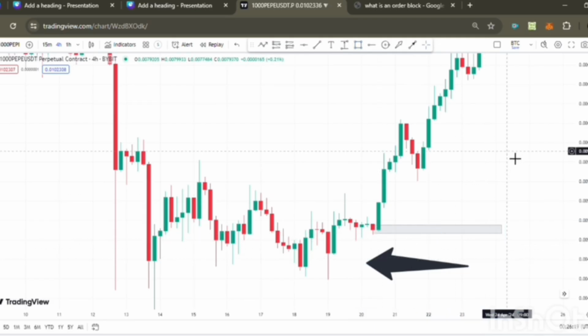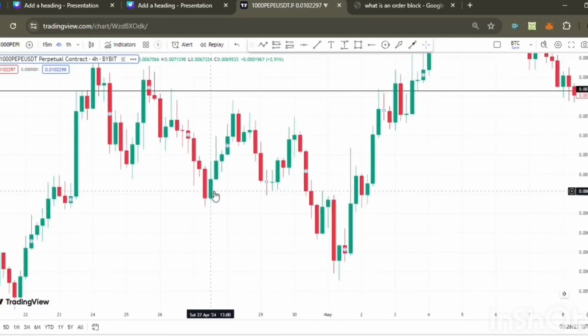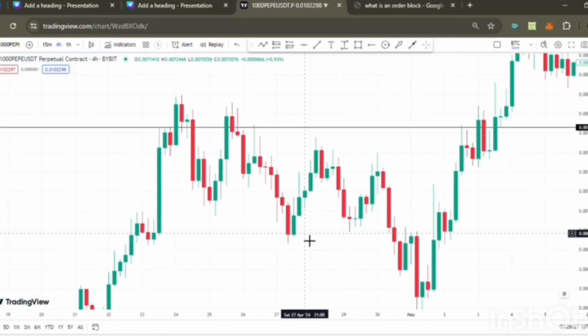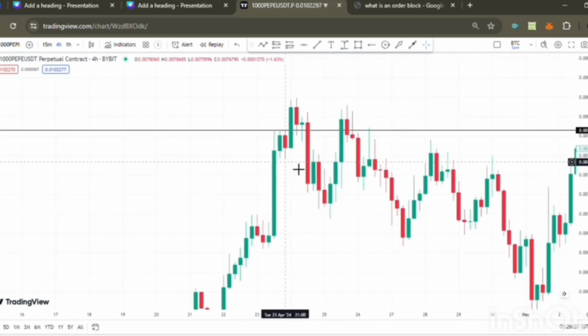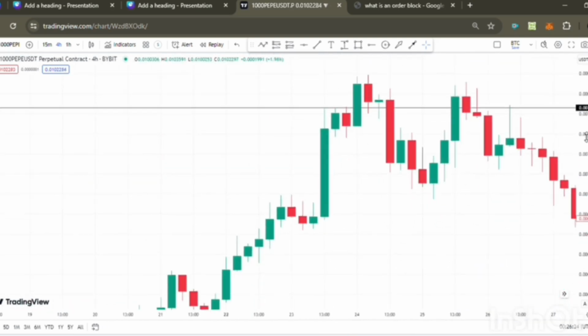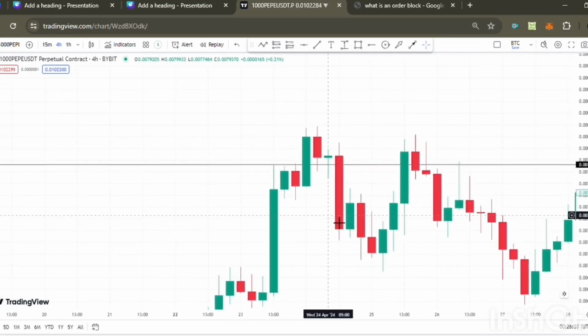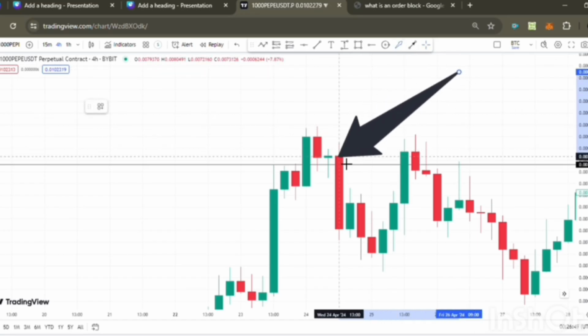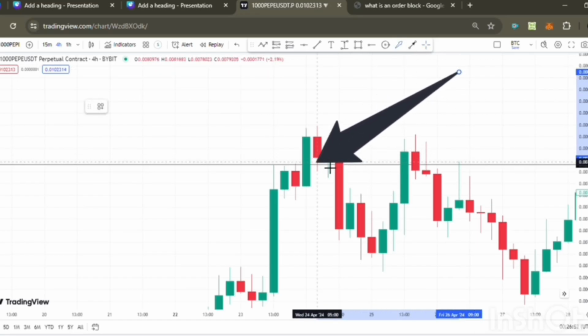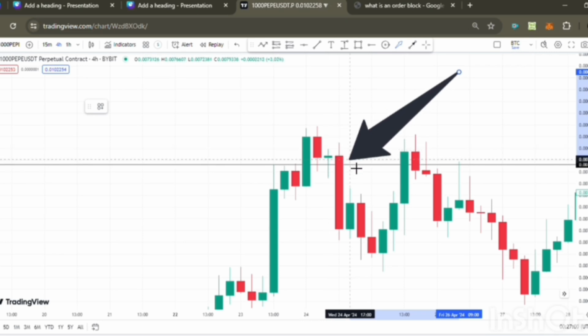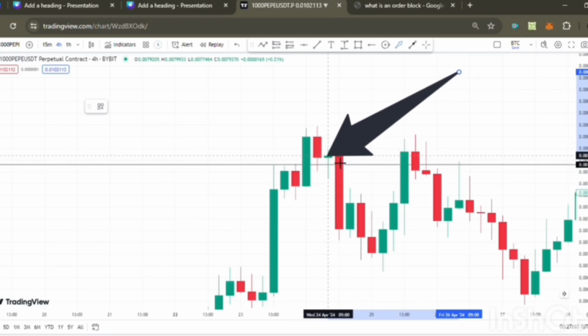Now let's look at the bearish scenario. In the bearish scenario, we can see that the last bullish candle that formed before the market started going down is considered as our order block.